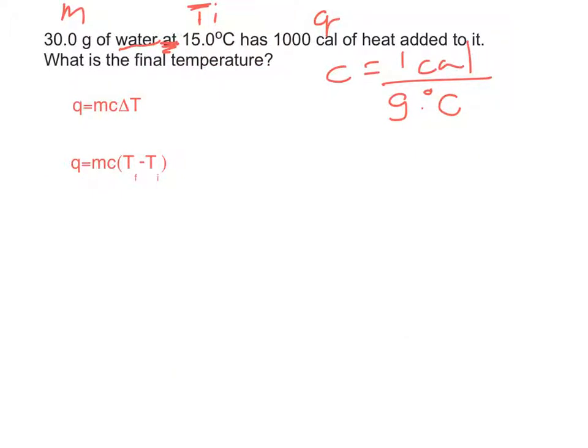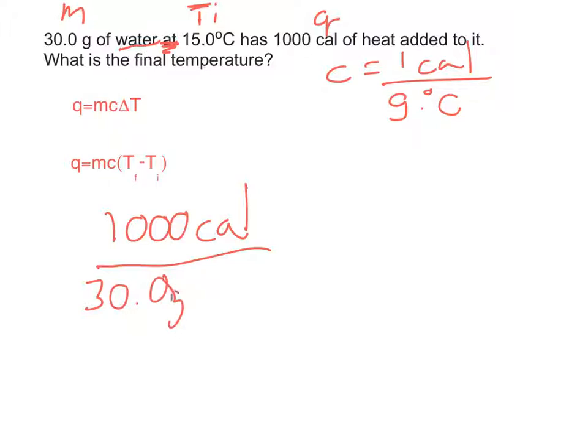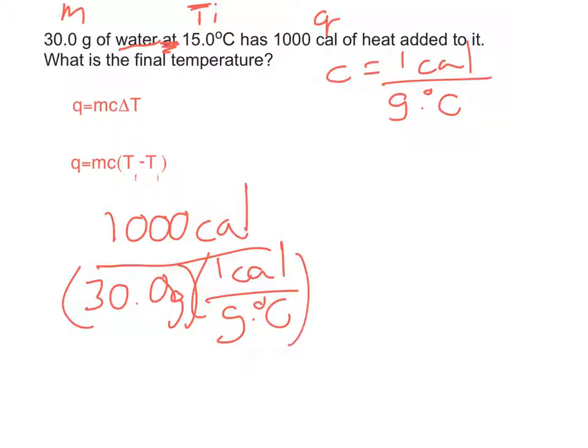Then we go ahead and plug in our numbers into the equation. So we're going to have the Q, which is on the top, over M, which is 30 grams, and that's going to be times the C, which is 1 calorie over grams degrees Celsius, and then plus 15 degrees Celsius.